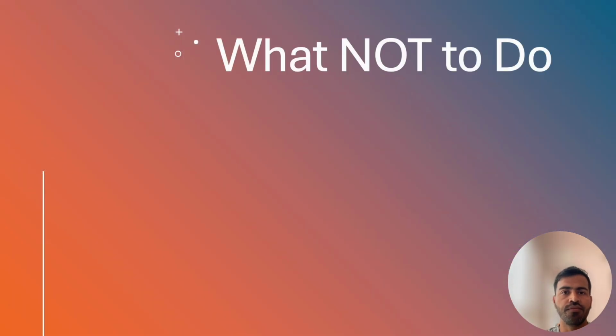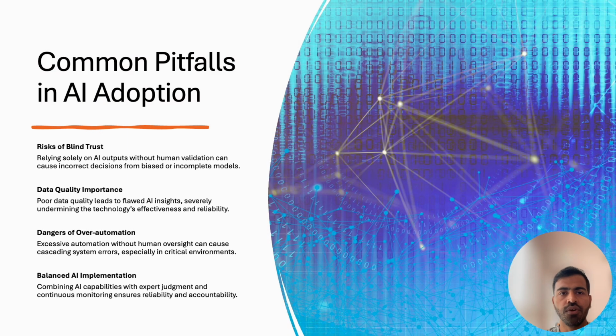Let's see common pitfalls in AI adoption. While AI offers immense benefits, improper implementation can lead to failures. Blindly trusting AI output without human validation is a major risk, as models can produce incorrect recommendations due to data bias or incomplete training.